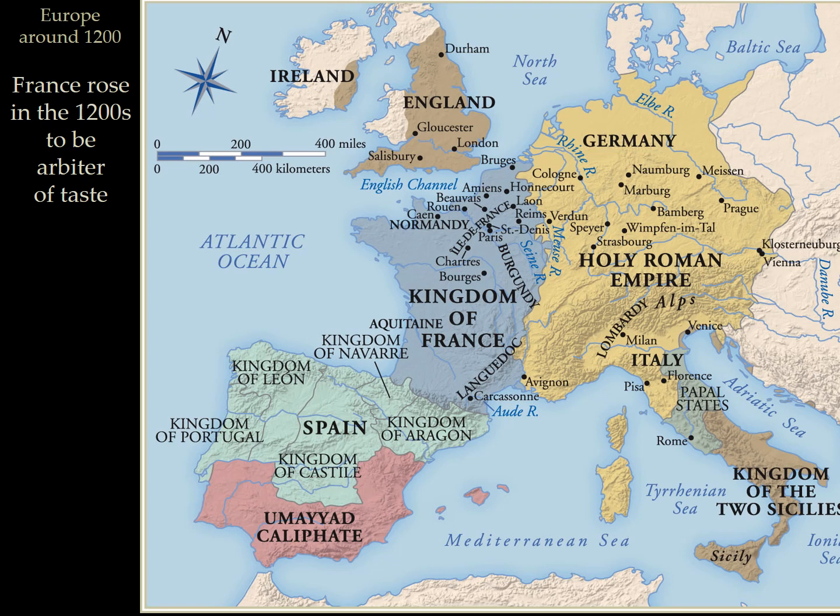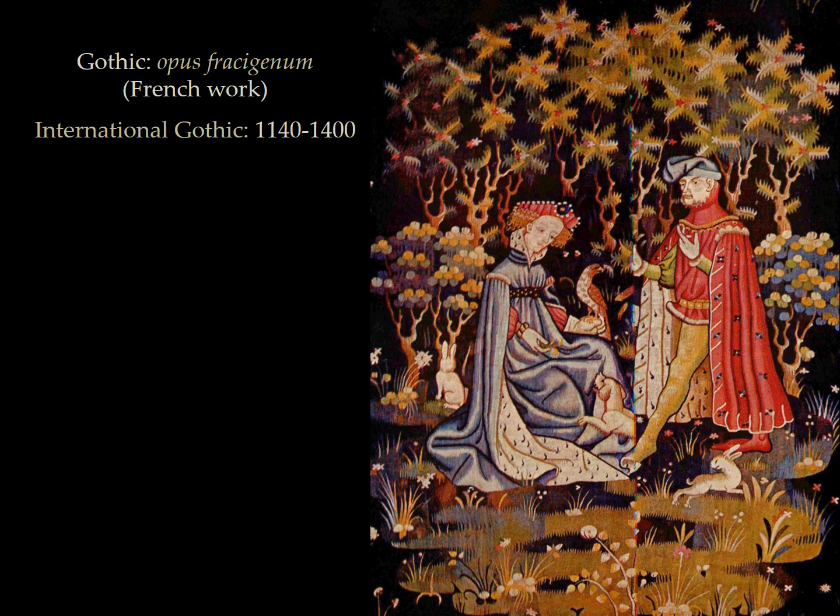Now, France is going to become the arbiter of taste, or the taste maker, creating this interest in the international Gothic style, and then exporting it to these various countries, including England and Germany. Now, Gothic, it should be known, is actually a misnomer.